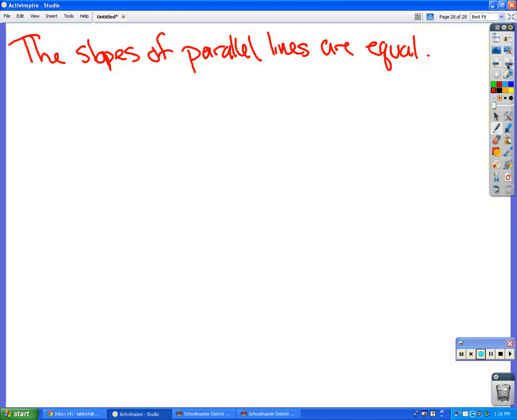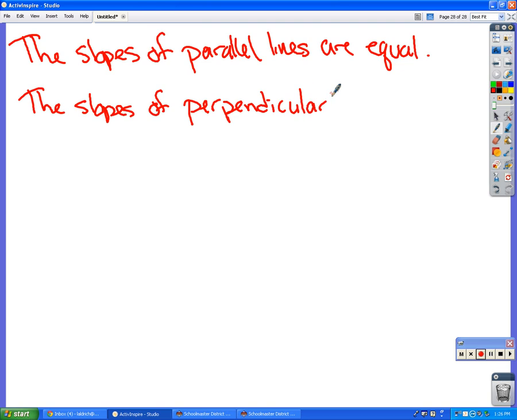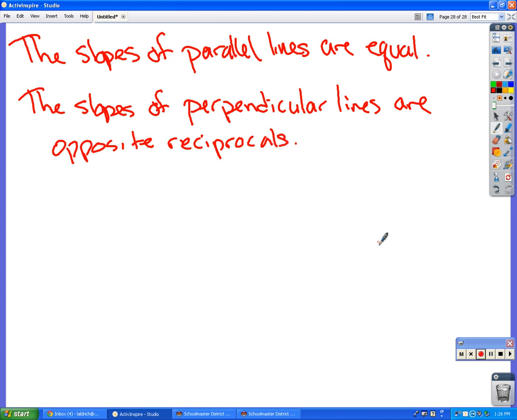Okay. So the slopes of parallel lines are equal. The slopes of perpendicular lines are opposite reciprocals. All right?